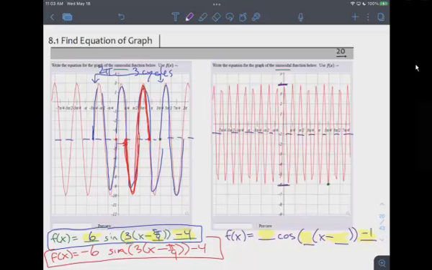If I'm going to use the phase shift right here, I can see that this is 5 pi over 4. So I can go ahead and fill that in as well. The distance from my midline to my minimum, from -1 to -6, is a total of 5.